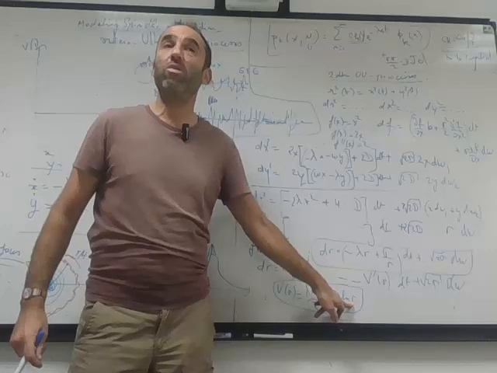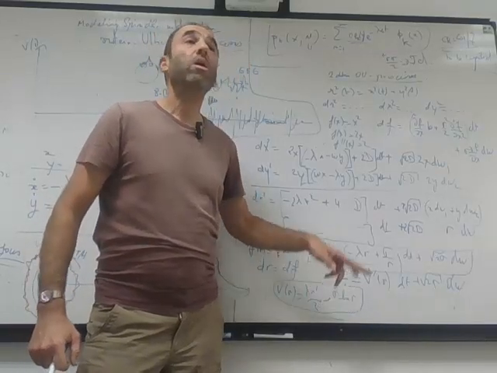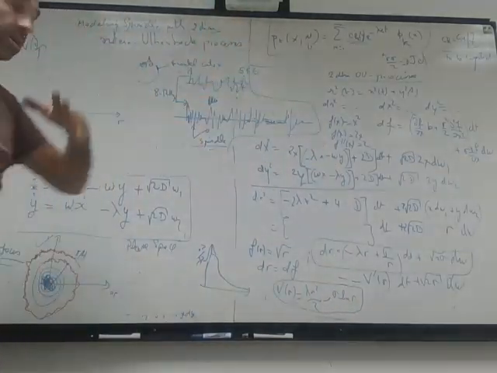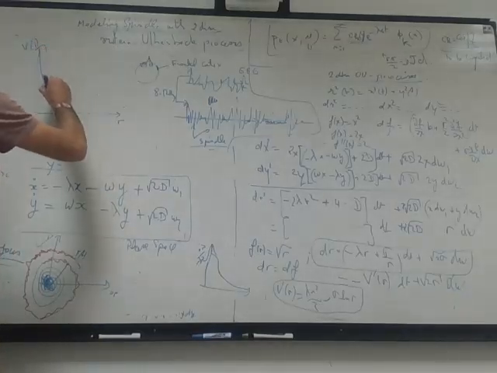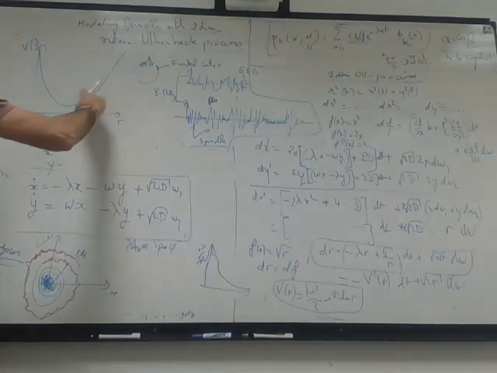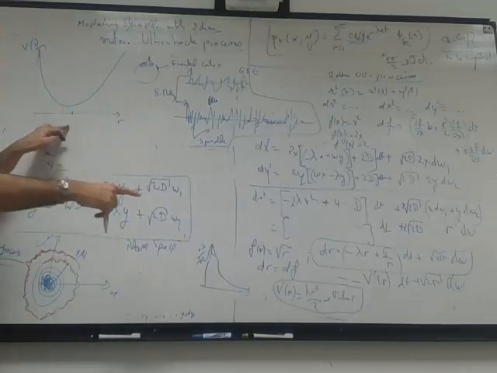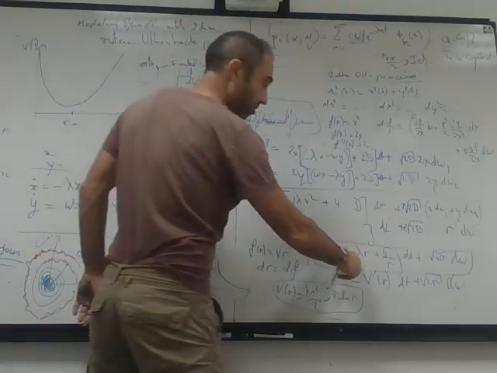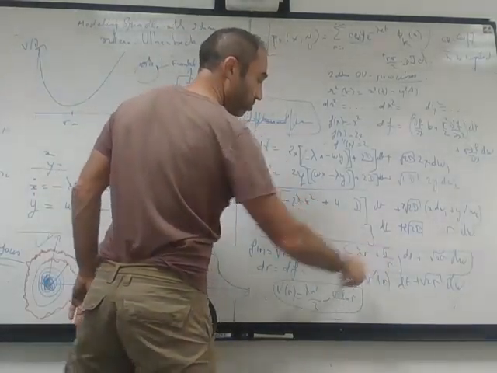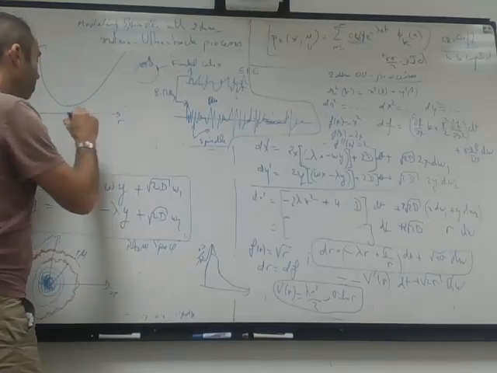So when r goes to 0, this goes to plus infinity, and when it goes to plus infinity, so it's something like this, right? So there is an optimal position here equal to what? When the derivative is 0, lambda r should be equal to this, so r squared should be equal to sigma divided by lambda, so this is exactly this.